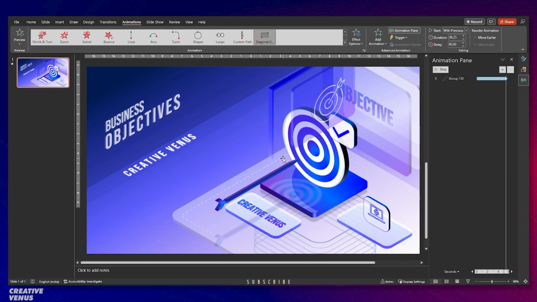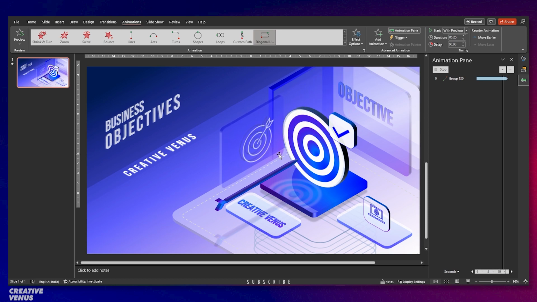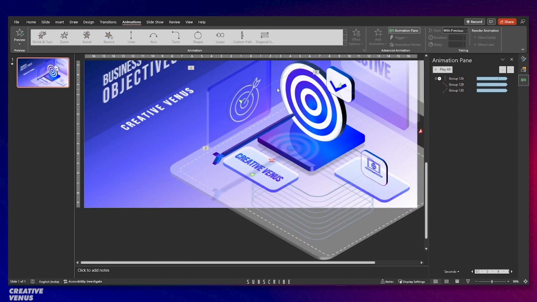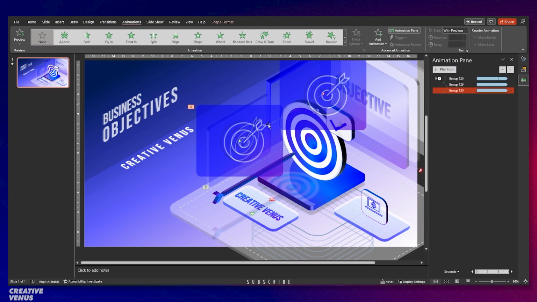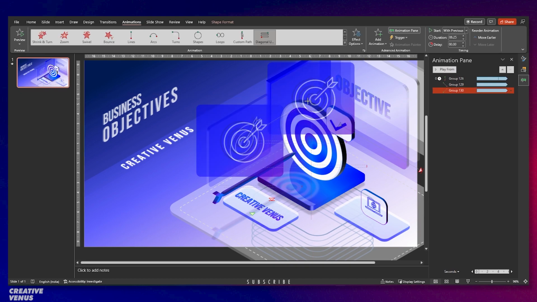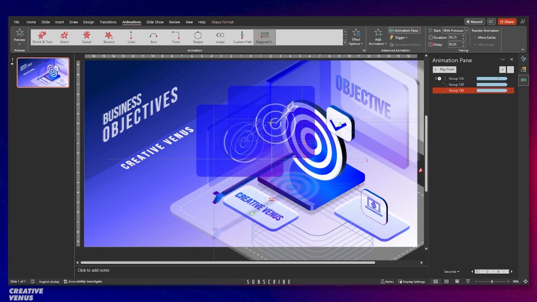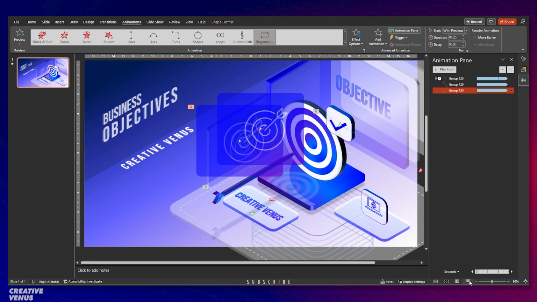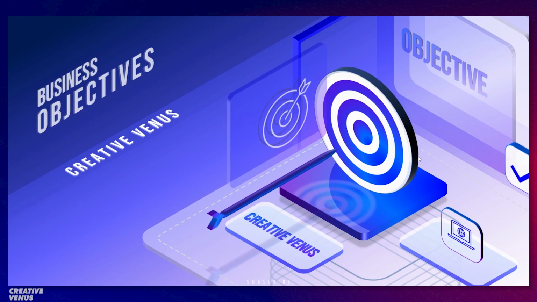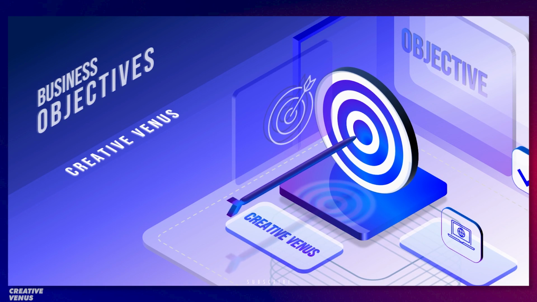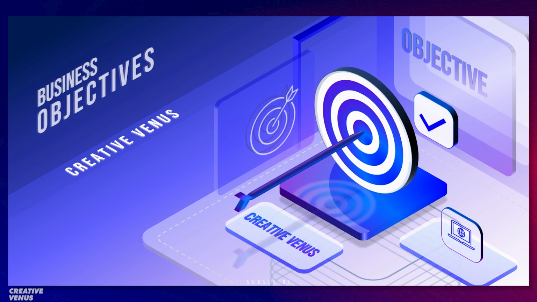Now the animation is working fine, but it is overlapping with the dartboard, the objective infographic, and for that we need to send it to back, and also we need to reduce the distance so that it covers very less distance, because the animation should be very subtle, very corporate. If too many components are moving at a very high speed, then it will look very distracting.